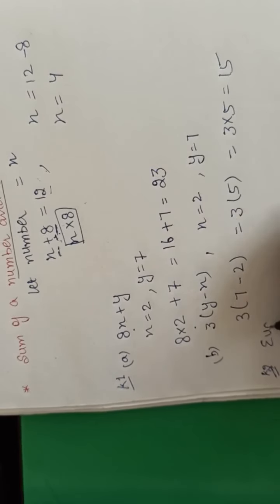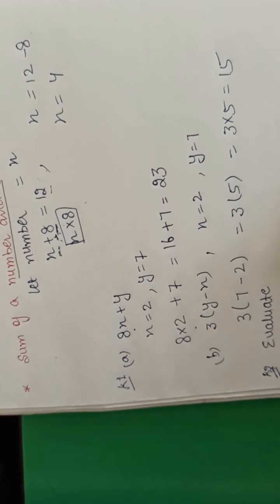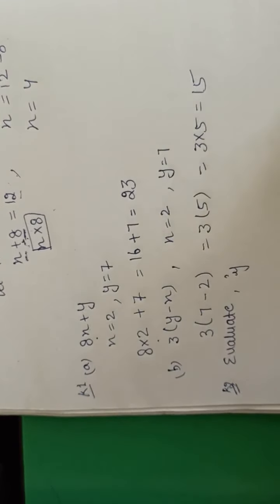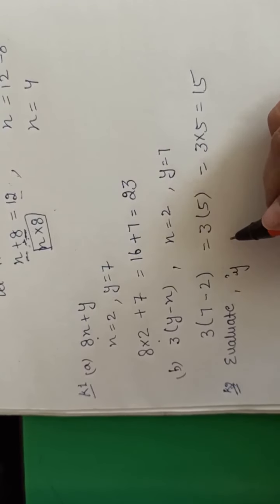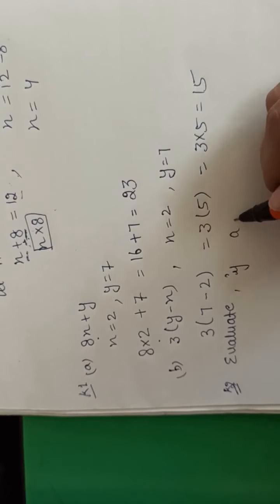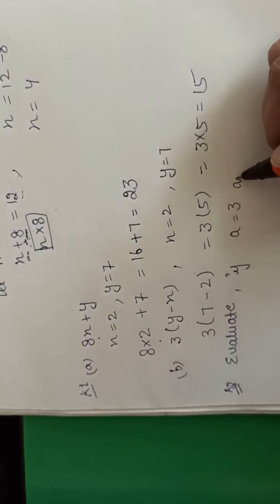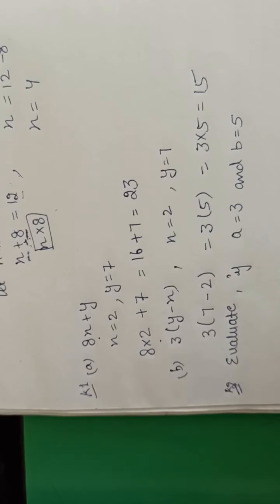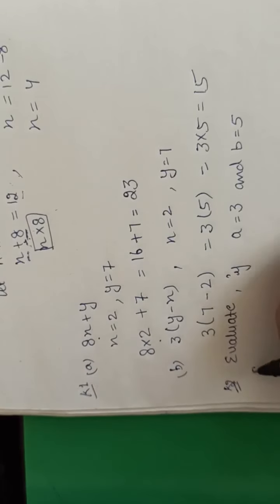Evaluate each of the following expressions, if a equals to 3 and b equals to 5. In any question, if "if" comes, it means the condition is applied there, and for this question the condition is a equals to 3 and b equals to 5. Right? So same in this also.